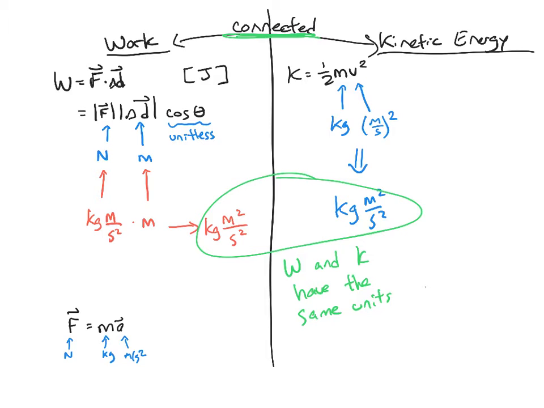And we're just going to call them joules, and use the symbol of J. Because we don't want to write kilogram meters squared per second squared all the time. That's a lot of writing. We don't even want to write Newton meters. We're just going to simplify it and make up a new name for this unit and call it joules.